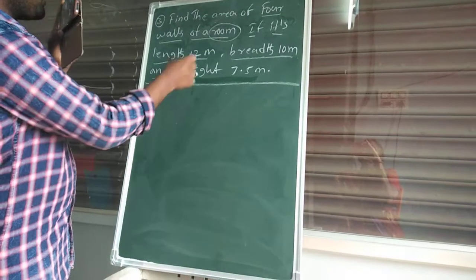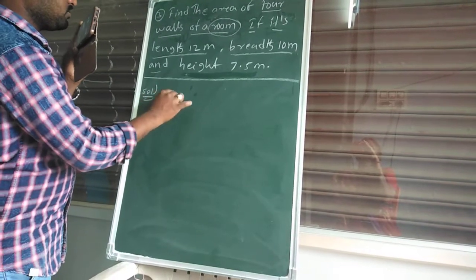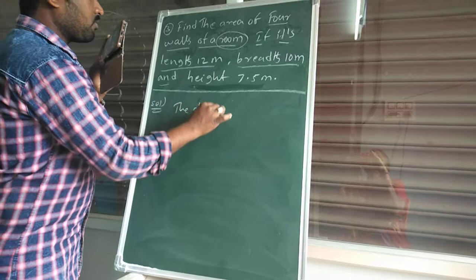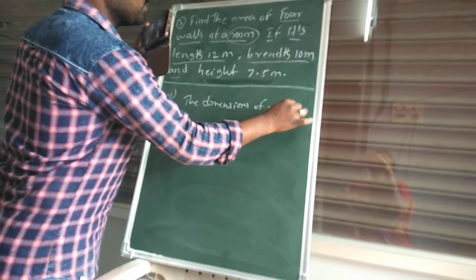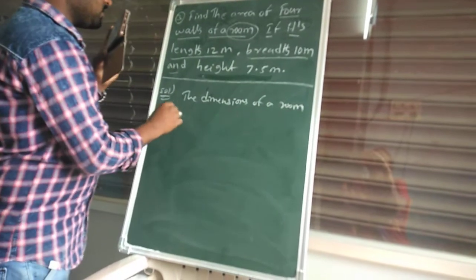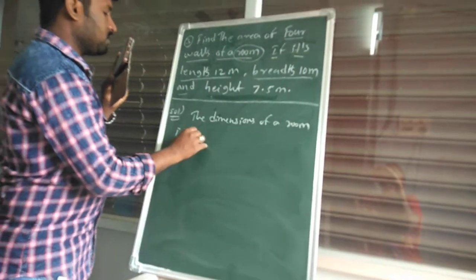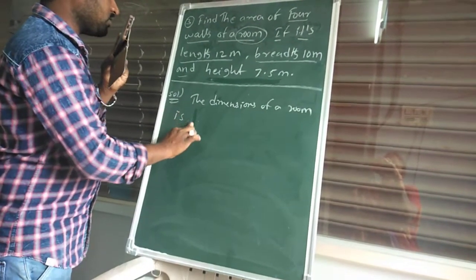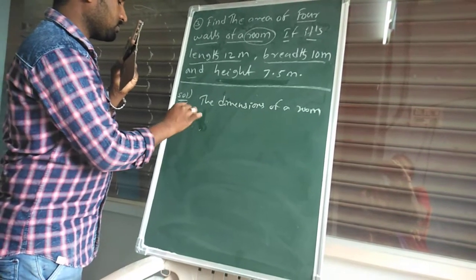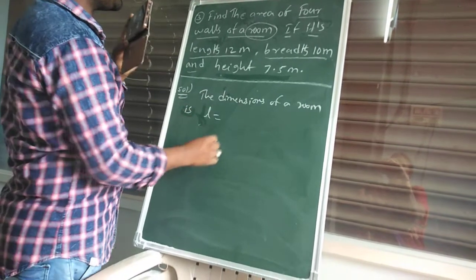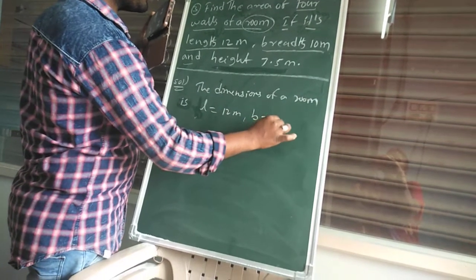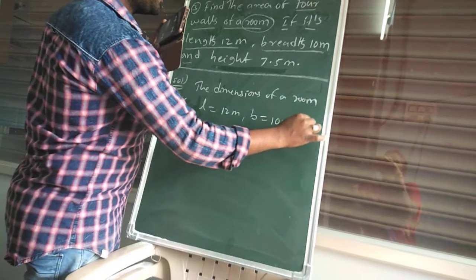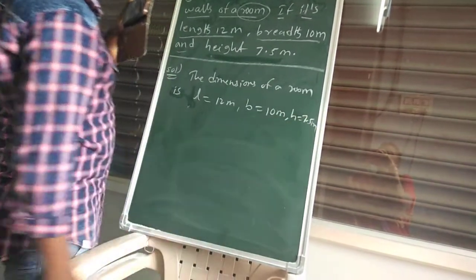The dimensions of a room: length is equal to 12 meter, breadth is equal to 10 meter, height is equal to 7.5 meters.